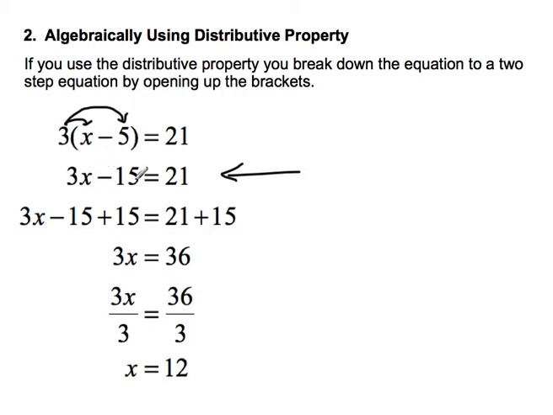It now turns into a step 2 type of equation, and we just follow along. We zero out the minus 15 by adding 15 to both sides. Those 2 cancel out, and you're left with these 3 variable tiles. 21 plus 15 is 36, and now this is a step 1 equation, and now we divide both sides by 3, and we get an answer of 12.